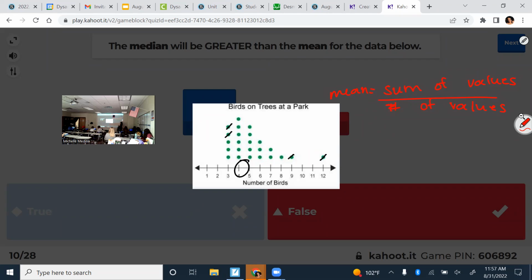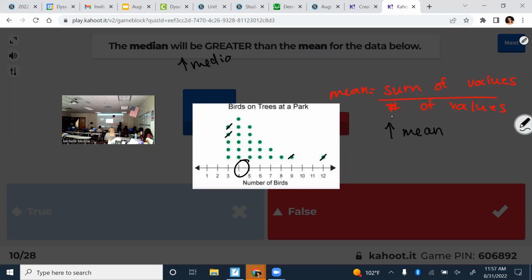The question was, would this 12 pull the mean to be higher than where we said the median would be, or lower than? It would be higher because it's to the right of the number line. So we can estimate the mean would be higher than the median.